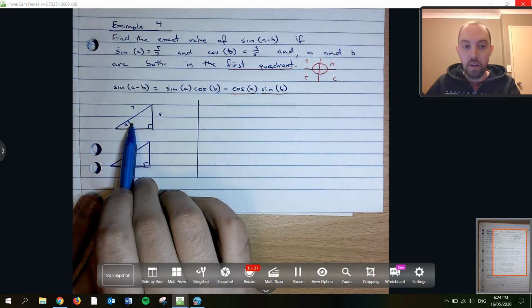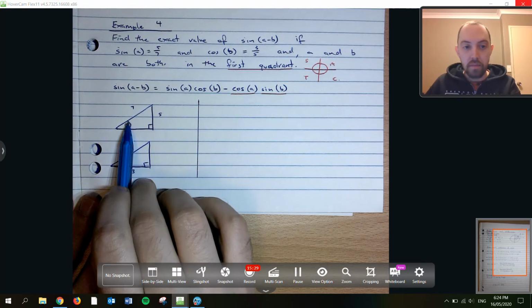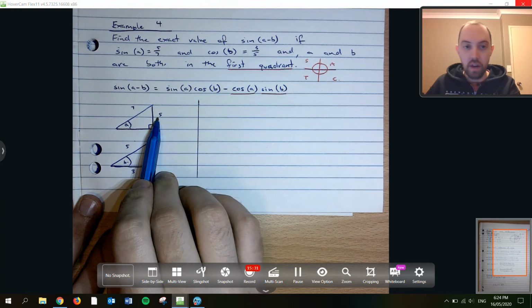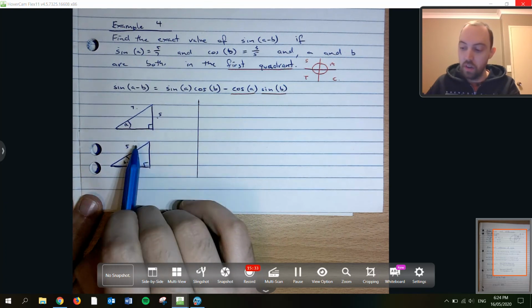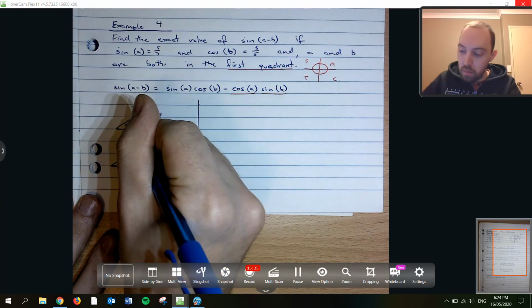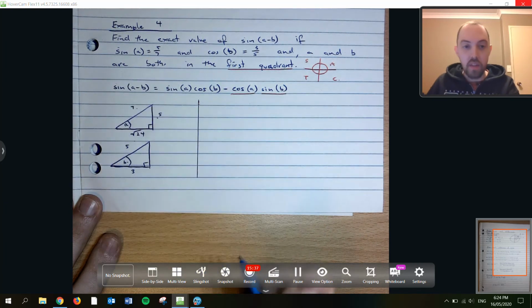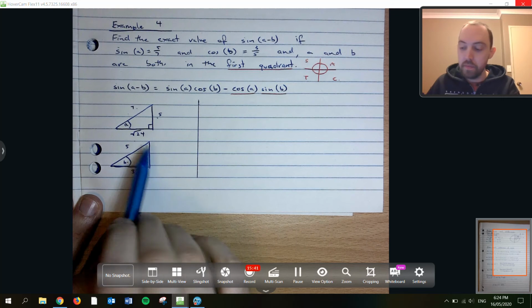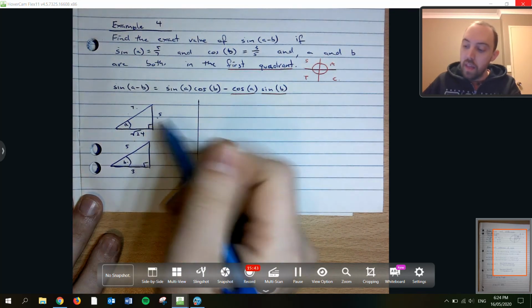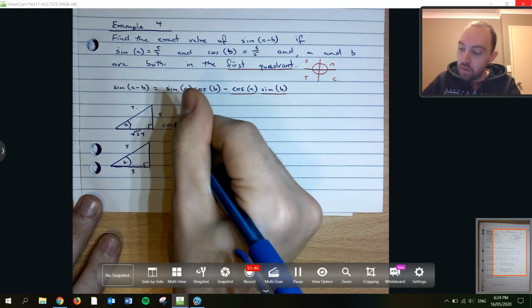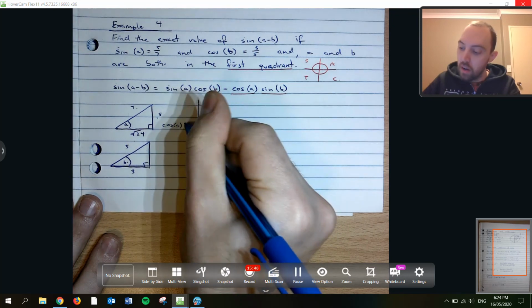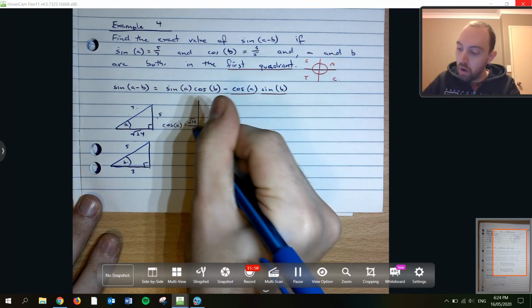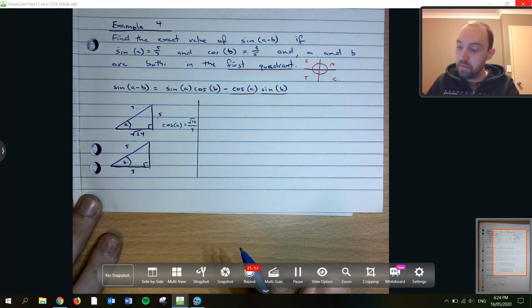We have sine of A is opposite 5 over 7 hypotenuse. Okay, and then with some Pythagoras we can work out that this is root of 49 take 25, root 24. And that means that cos of A is root 24 on 7.